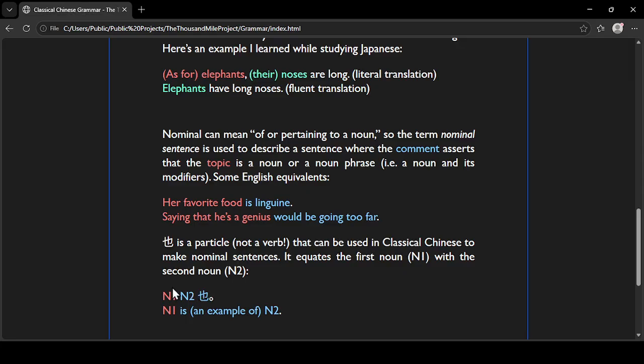You put it after a list of two nouns or noun phrases, and it equates the first noun or noun phrase, N1, with the second noun or noun phrase, N2. So for example, N1, N2, yeah, would be N1 is N2, or N1 is an example of N2.